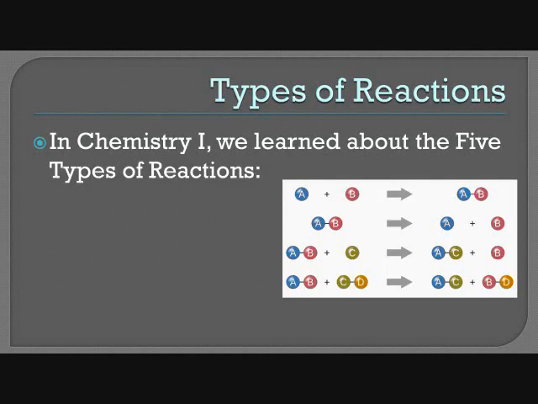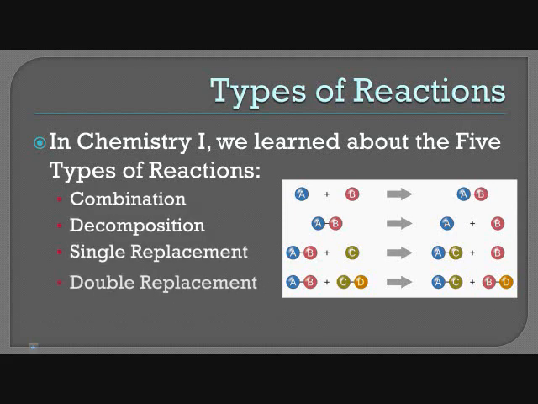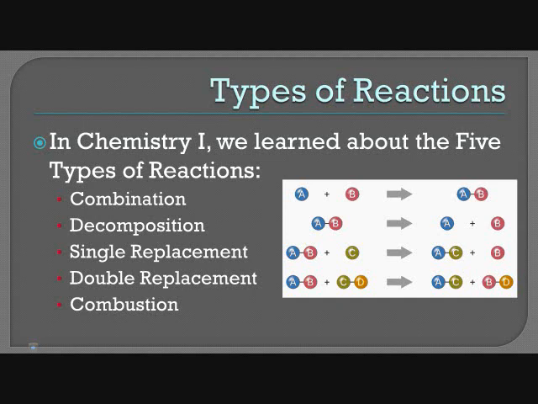Okay, so in Chem 1 we learned about the 5 types of reactions: combination, decomposition, single replacement, double replacement, and combustion. I think combustion is the only one that I don't have pictured there. Remember, combination, you're combining to find one product. Decomposition, you have one reactant breaking down, like a decomposing body.